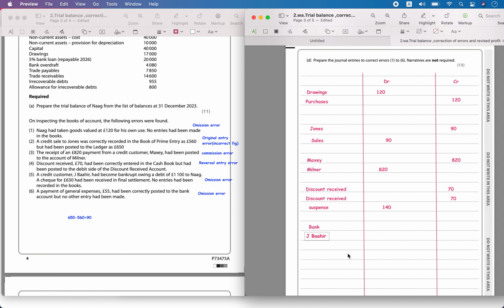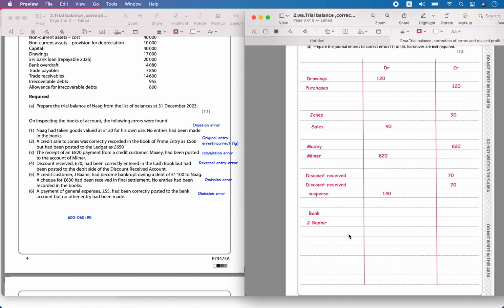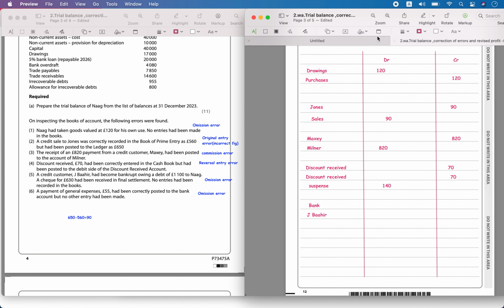J. Bashir. Then you have to say this is an irrecoverable debt, so the irrecoverable debt account.